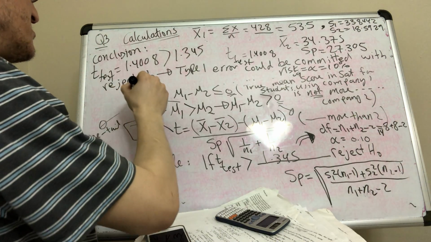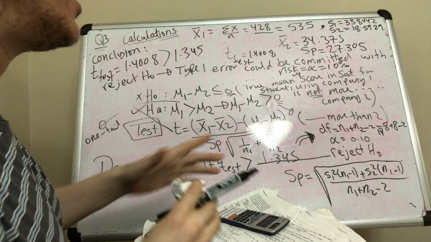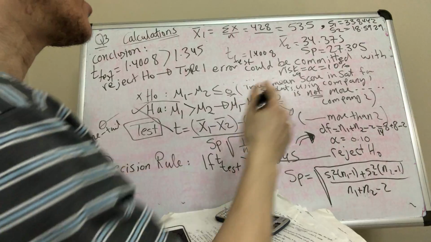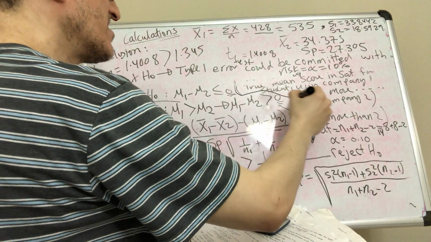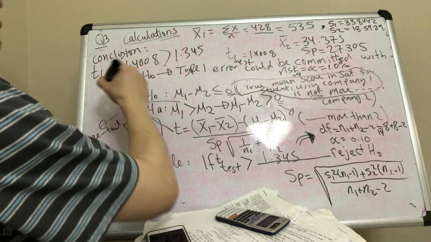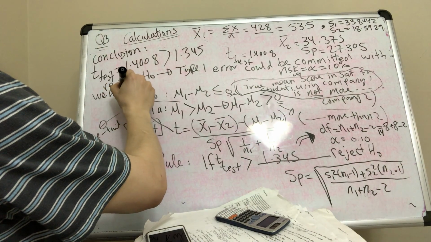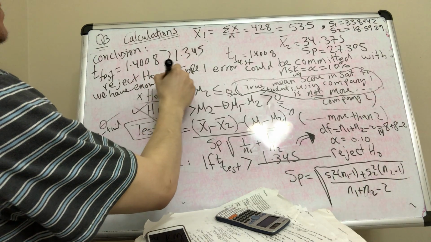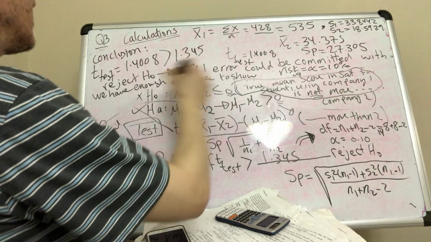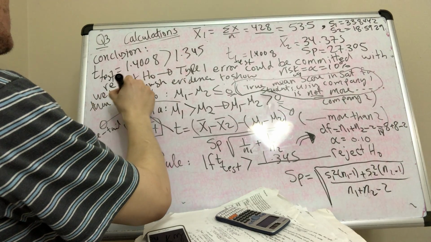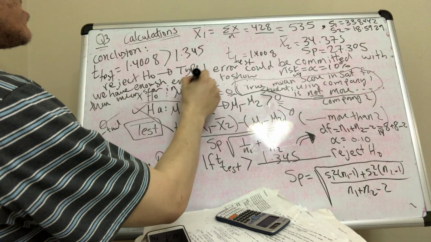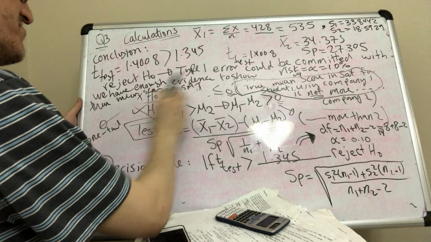So if you're rejecting H0, you'll be accepting HA. Yeah, company 1 is more, because remember, this one is not more, this one is more, so we say we have enough evidence to show that the mean score in SAT is more for company 1.